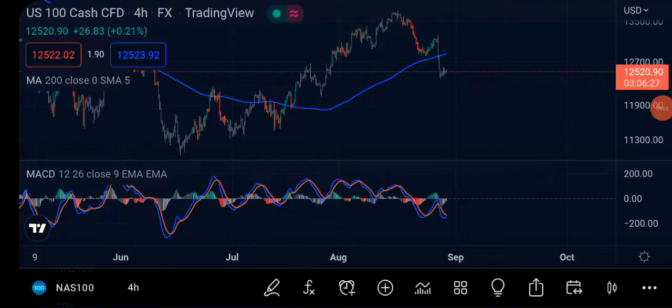So after entering the trade, in order for you to know when and how to have a good trade setup, you would then use a trend line.